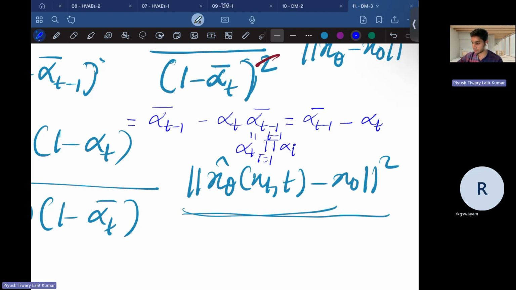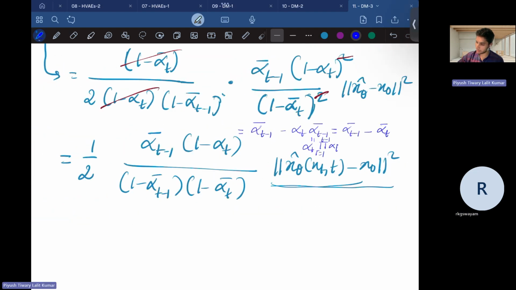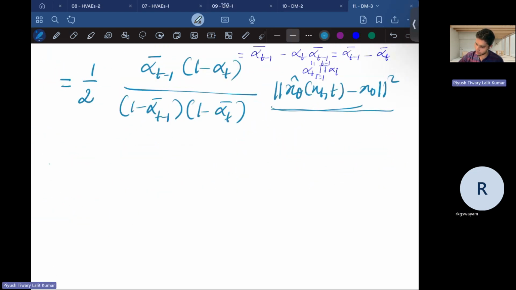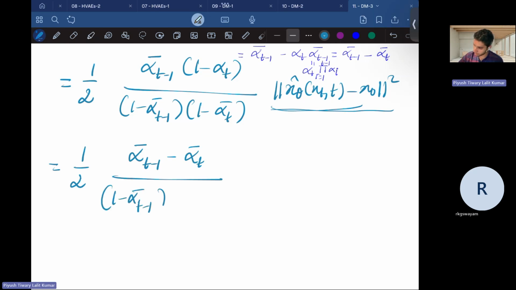I think we did something similar yesterday as well. Is it fine? Yes, I remember. So if that is the case, then what will this thing become? This will become 1 by 2, alpha t minus 1 bar minus alpha t bar, divided by 1 minus alpha t minus 1 bar into 1 minus alpha t bar.